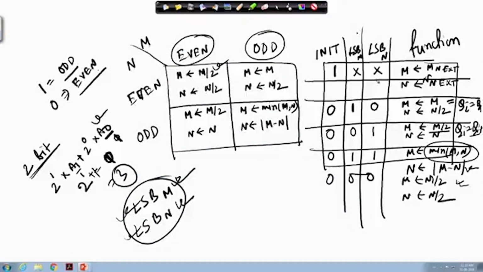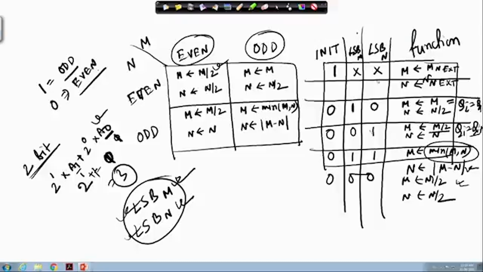This particular function means the functionality, how it works. Based on the LSB of m and LSB of n, I can find out whether the numbers are even or odd, and then based on this I decide which function I need to implement. So, that we have just made.